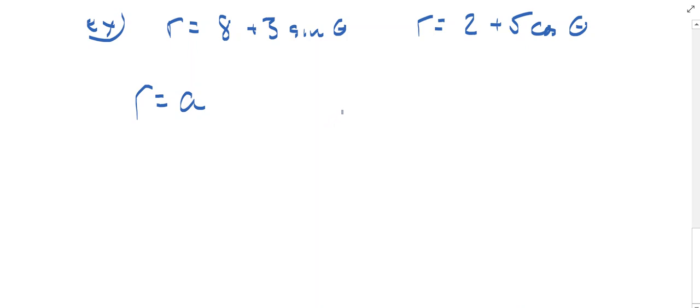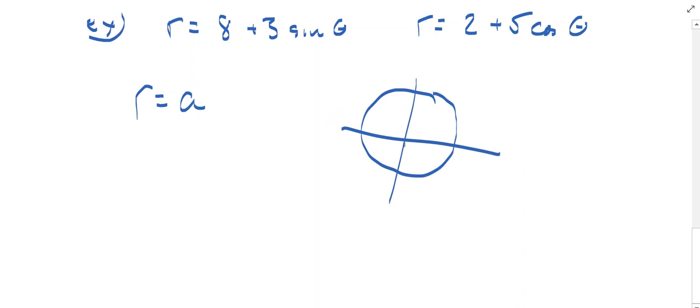If we have r equal to some constant a, that is simply going to be a circle centered at 0, 0 with a radius of a. So that radius is going to be equal to a.